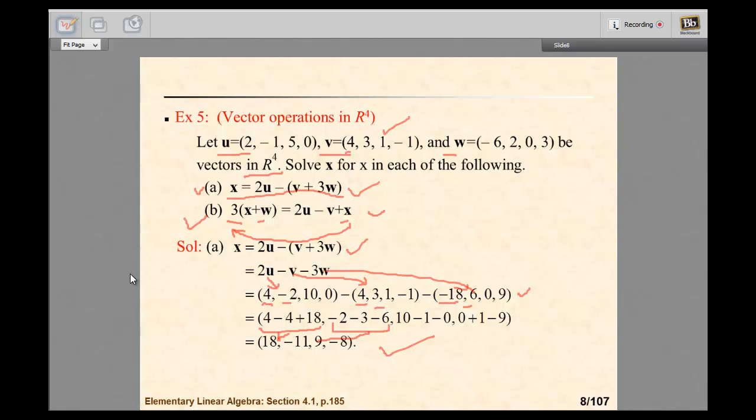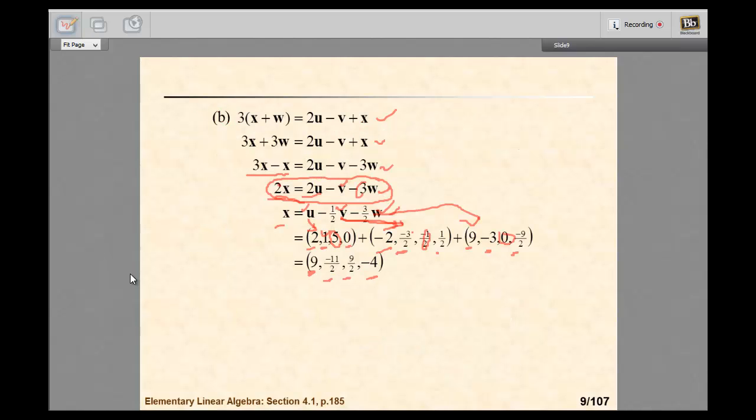So when you divide it by 2, 4 by 2 will be 2, and 3 by 2 will be 3 by 2, and 1 by 2 will be 1 by 2, and minus 1 by 2 will be minus 1 by 2. So let's see what happened in the next slide. This is the value, I already divided. After that, you will add all these things. You will get the result.